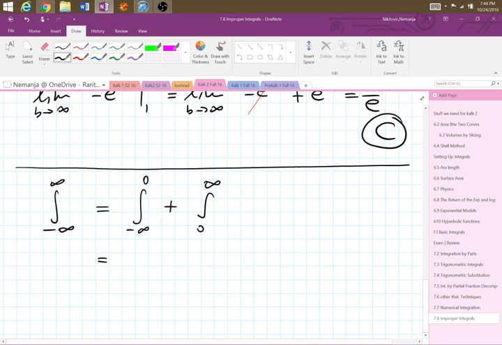So you split this interval anywhere. Maybe pi would be more convenient, maybe e, maybe 1, maybe 0 would not be convenient. You split it anywhere, and then you will be able to say limit as a goes to negative infinity of the integral from a to 0 of whatever is there, plus the limit as b goes to infinity of the integral from 0 to b of the rest.